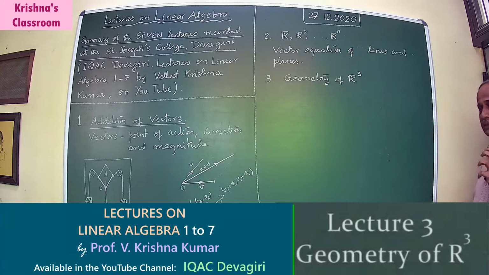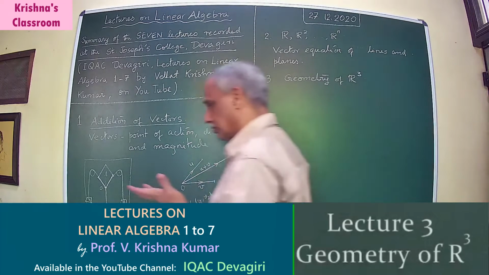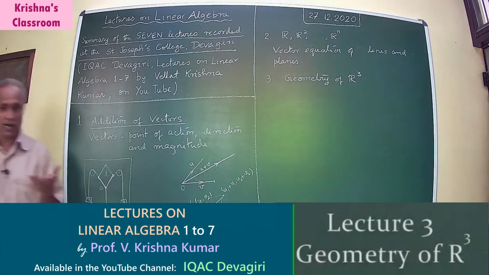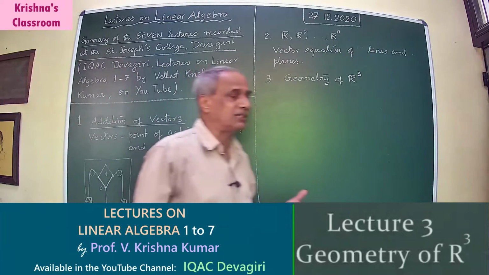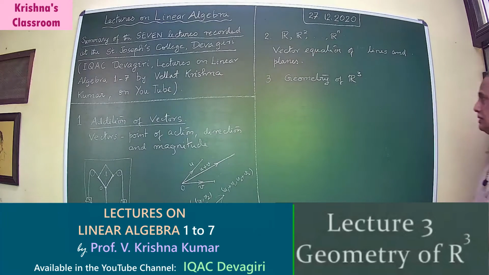R2 and R3 are the visible models that you have for vector spaces, and the advantage is that you can actually visualize whatever is happening.